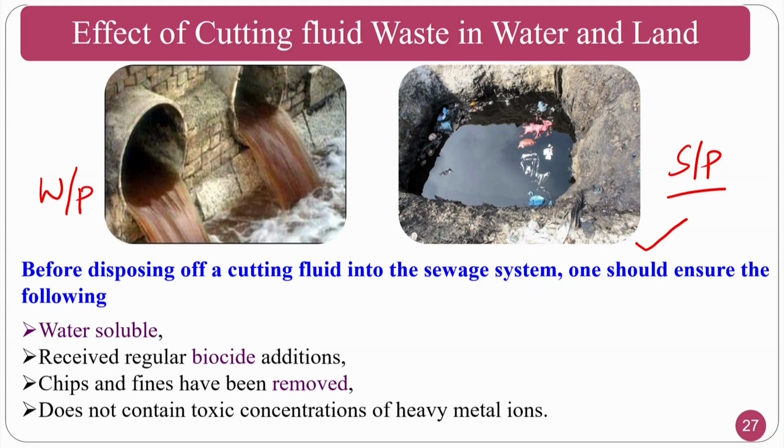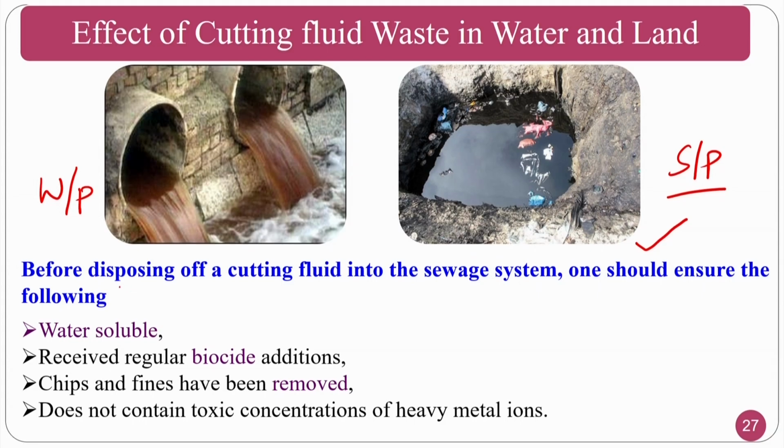Before you release it into a river or water body, you should treat the cutting fluid so that the ecological system stays good. At the same time, you should take care of soil pollution also, because nearby there will be agricultural land, educational institutions and villages, so you should be very careful.